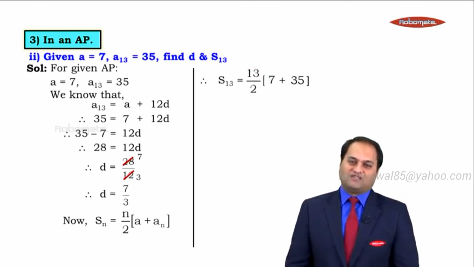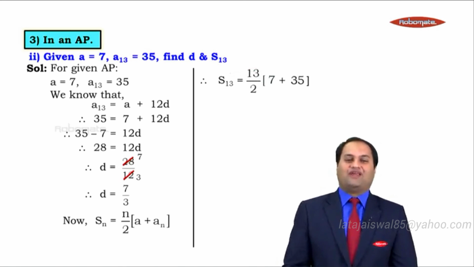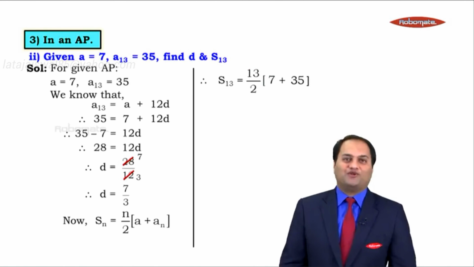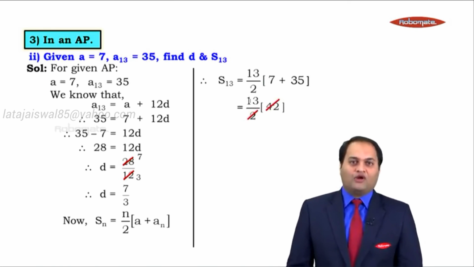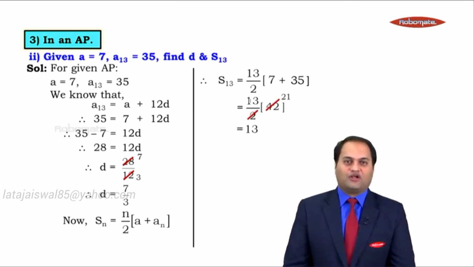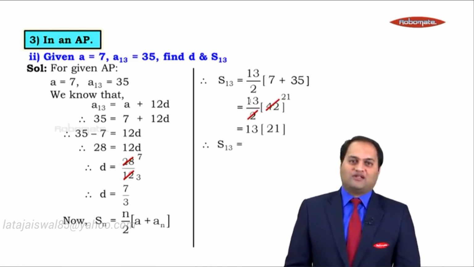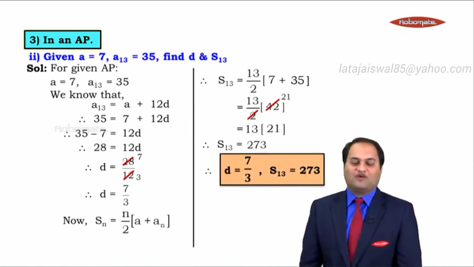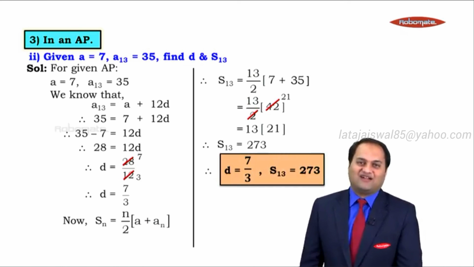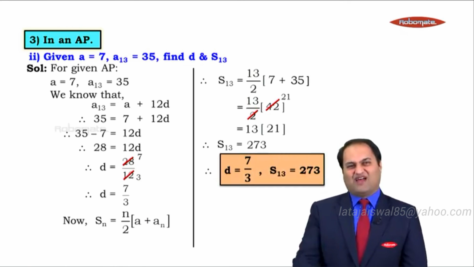So it's 7 plus 35. An is nothing but A13 because N is equal to 13. Which is 13 upon 2 into 42. 2 21s are 42. So 13 into 21 is nothing but 273. So answer is D is equal to 7 upon 3. S13 is equal to 273. As simple as that.